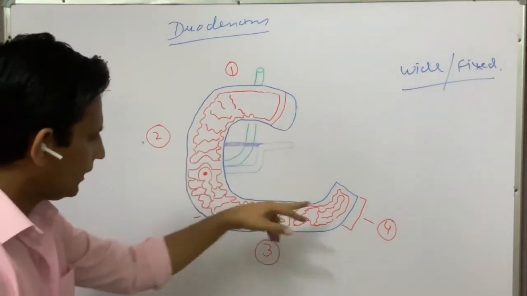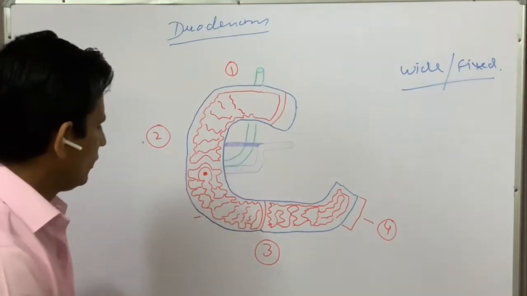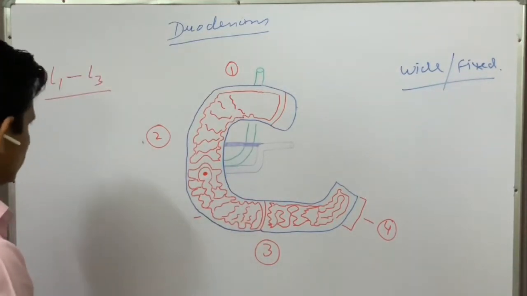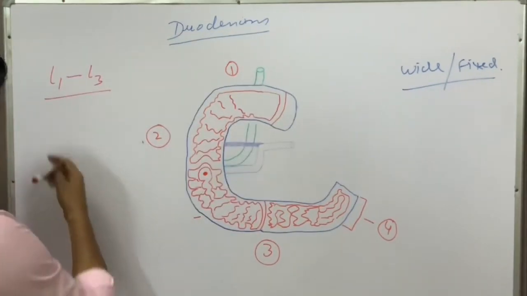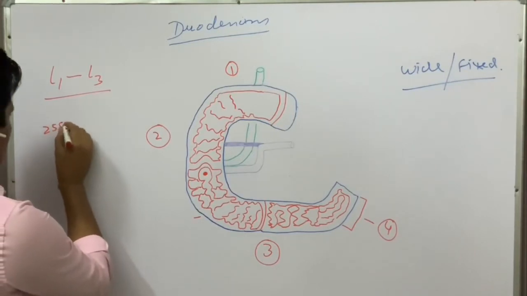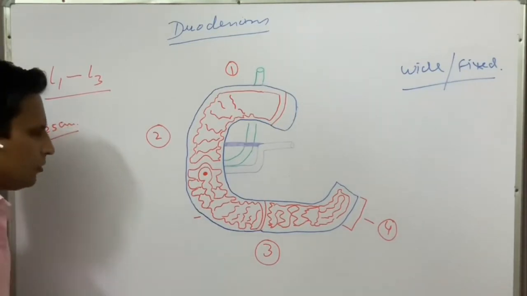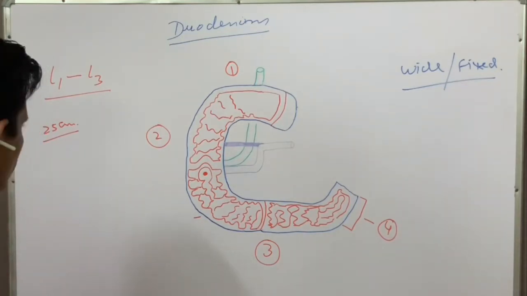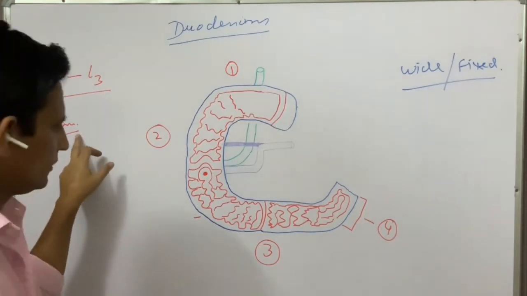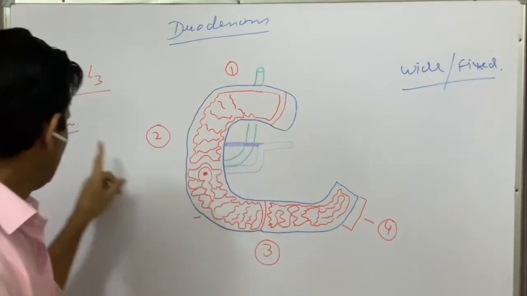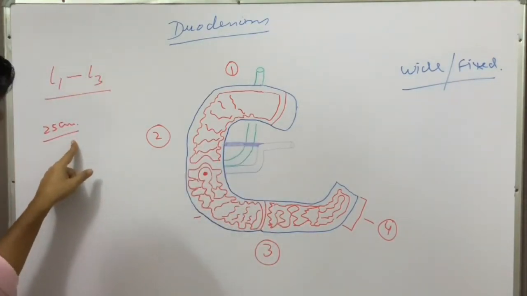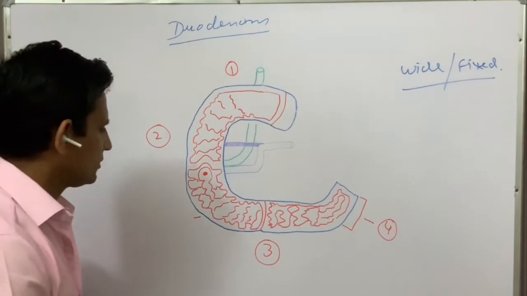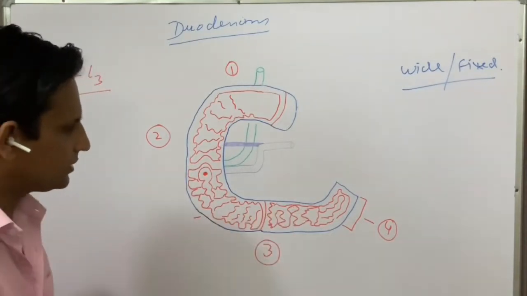Okay, let's see the length of this particular organ. The complete length of this organ is around 25 centimeter. It can vary from 25 centimeter to even 38 centimeter, but the normal length of this structure is 25 centimeter. So how can we divide this 25 centimeter into four segments?